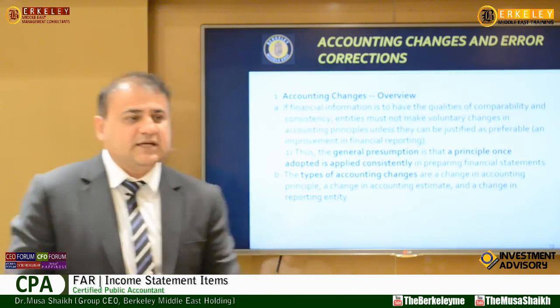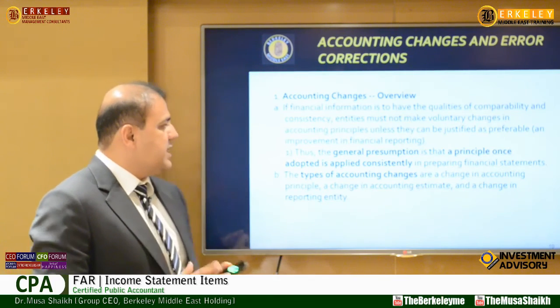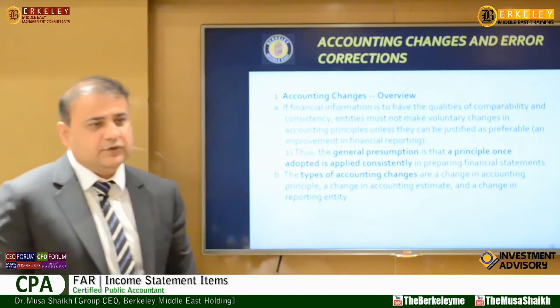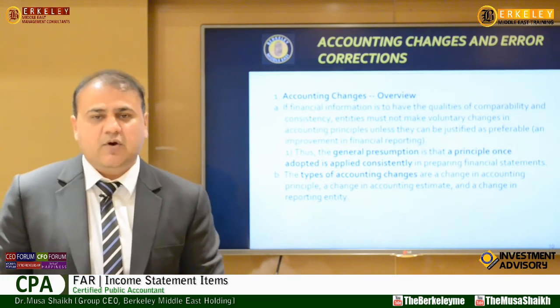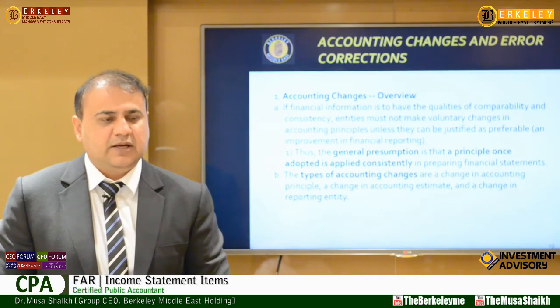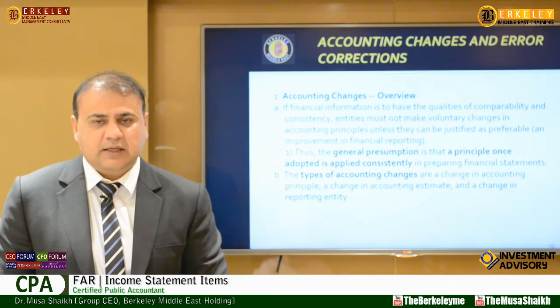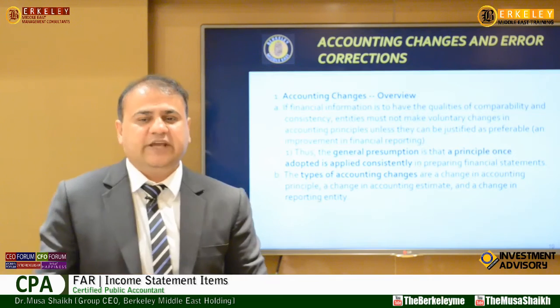Moving forward, we will discuss accounting changes and error corrections. Before I go through them one by one, we should know that sometimes we find changes are required. So how to make changes? For example, I am using the straight line method. Now the market is moving to another method, so I need to change.